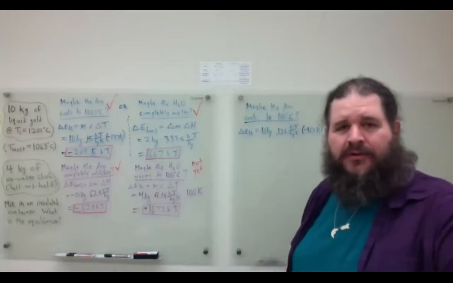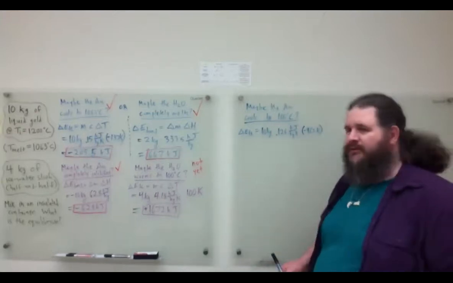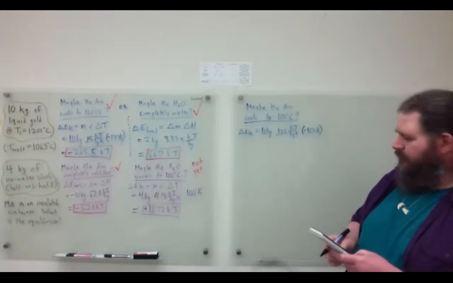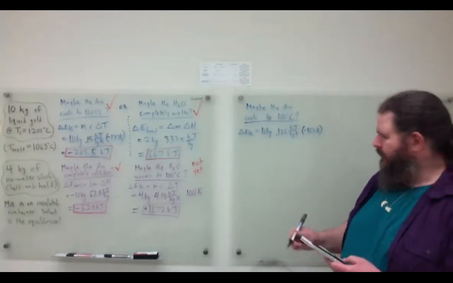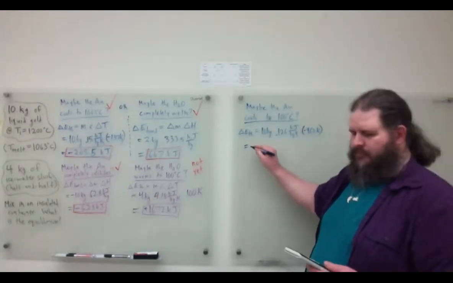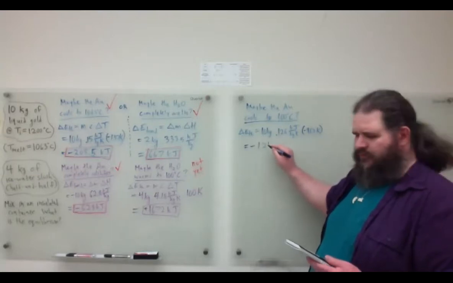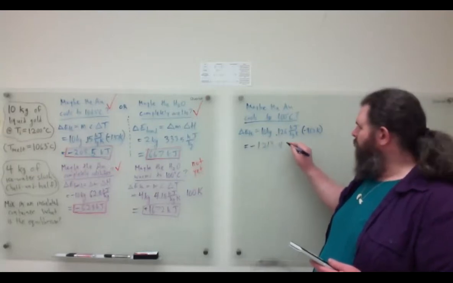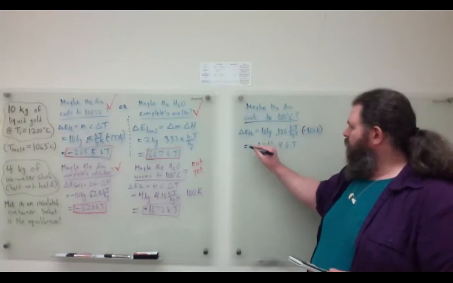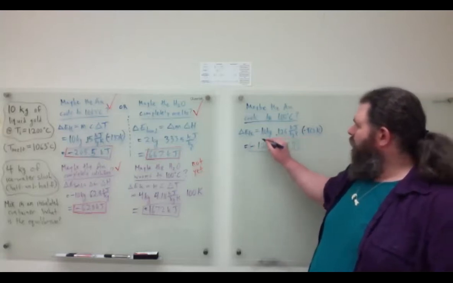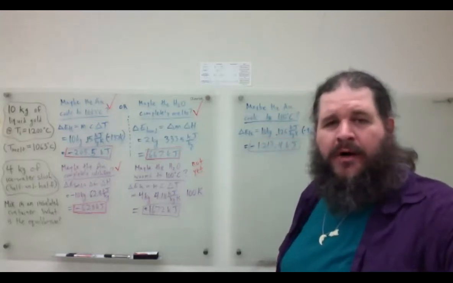As the energy we'd have to lose to get all the way down to 100 degrees. So multiply those together, and we get negative 1,213.4. How does that compare with the energy that the water has to gain?